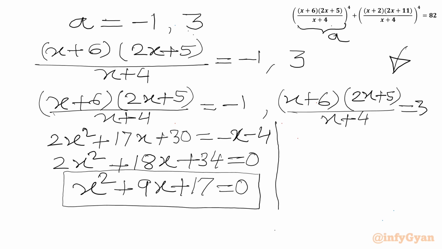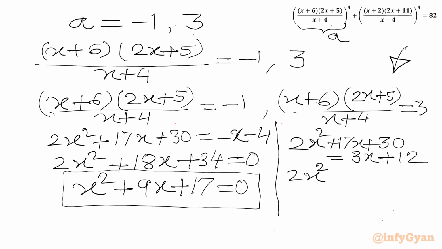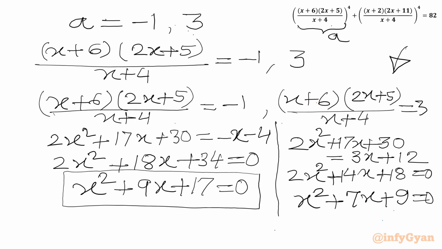So I will be writing directly 2x square plus 17x plus 30. This will be equal to 3x plus 12. Or I can write 2x square plus 14x plus 18 equal to 0, or x square plus 7x plus 9 equal to 0. So two quadratic equations we are having. Let us solve both the equations one by one.